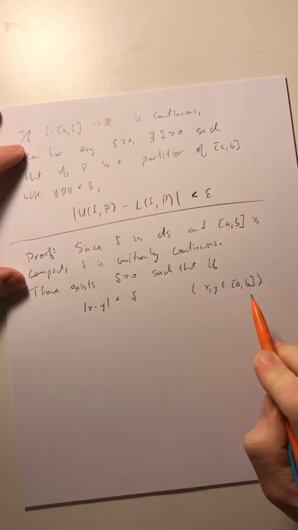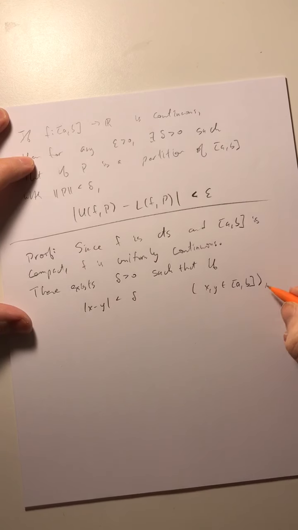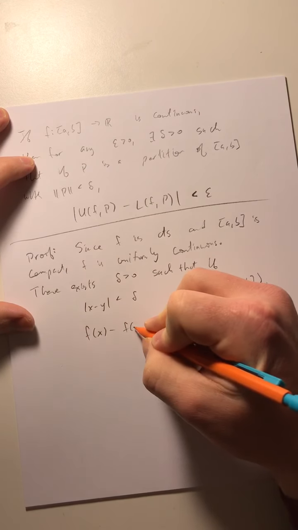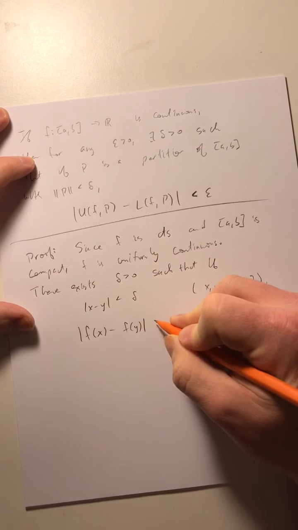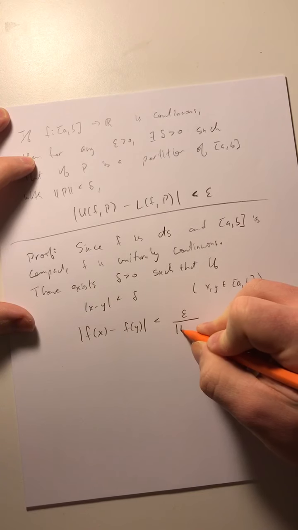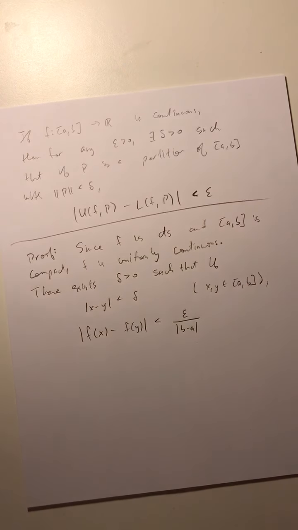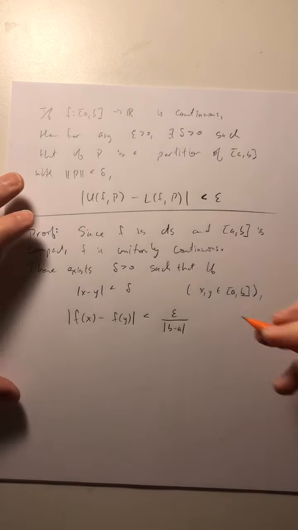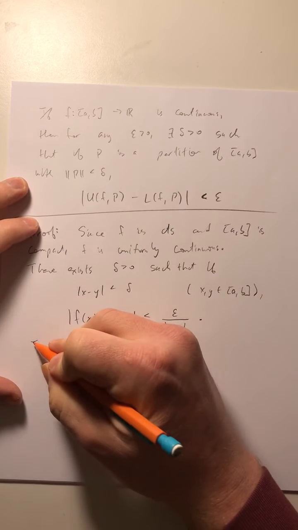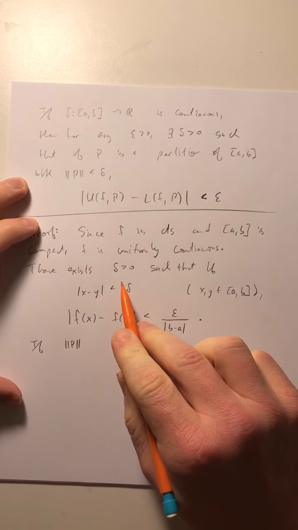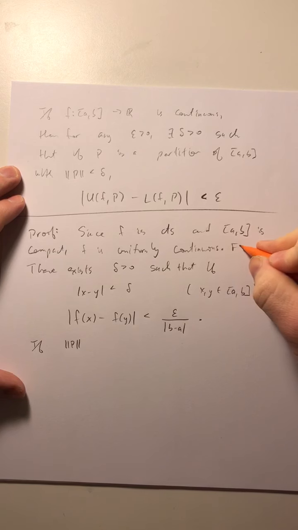Okay, so if x and y are in the domain and the distance is less than delta, then the distance here is less than epsilon divided by the absolute value of b minus a. So this delta is the one that I want.